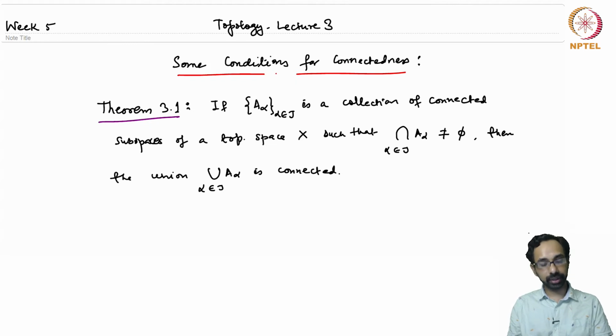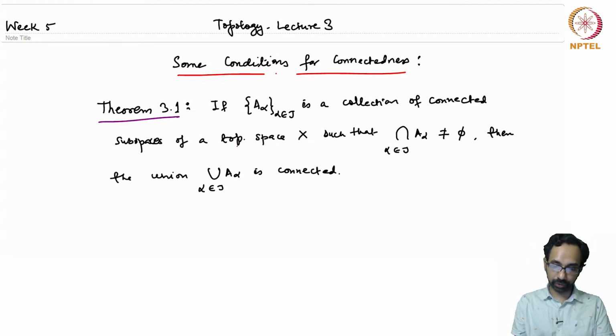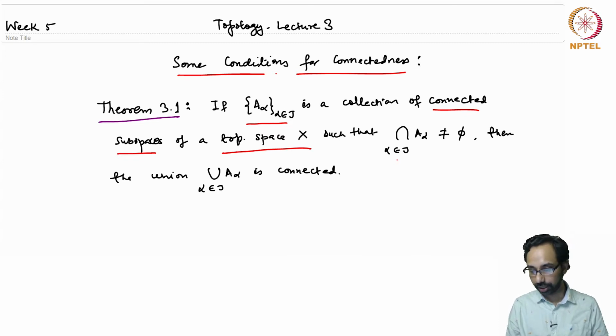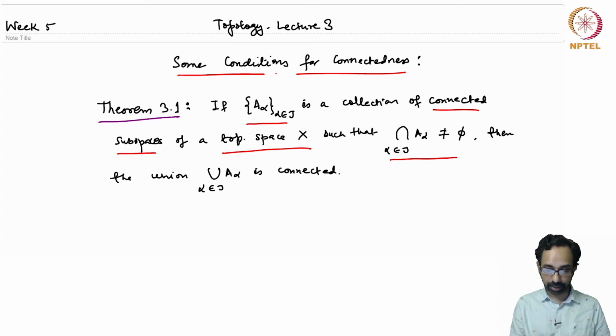So in this statement, we take a collection of connected subspaces A alpha of a fixed topological space X, and we assume that the intersection of all these A alphas is non-empty. So they have at least one point in common. And then the statement says that the union is a connected subspace of X.